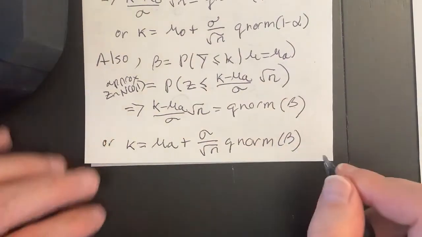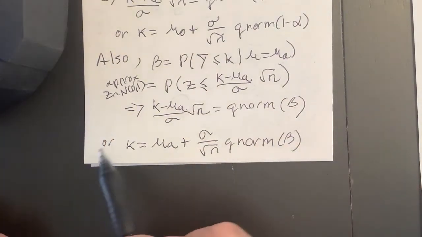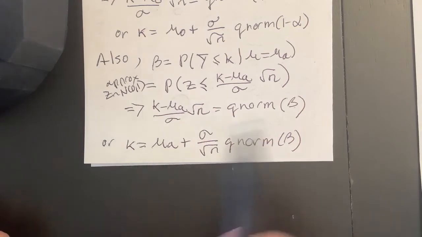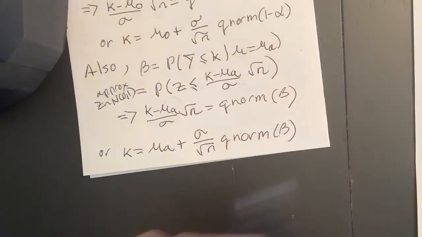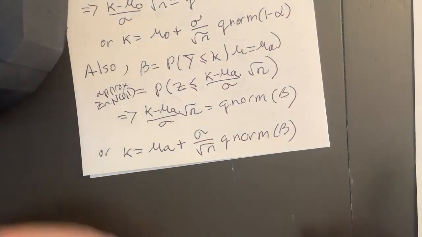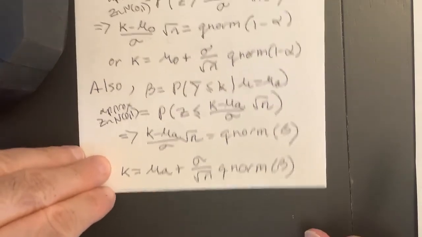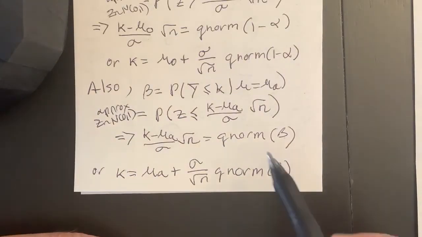All right, so if both those things are true, this means I have two different expressions for k, and I can set them equal to each other. And if everything else is known, I can solve for n. The k will disappear. In other words, I really have two equations, two unknowns here.